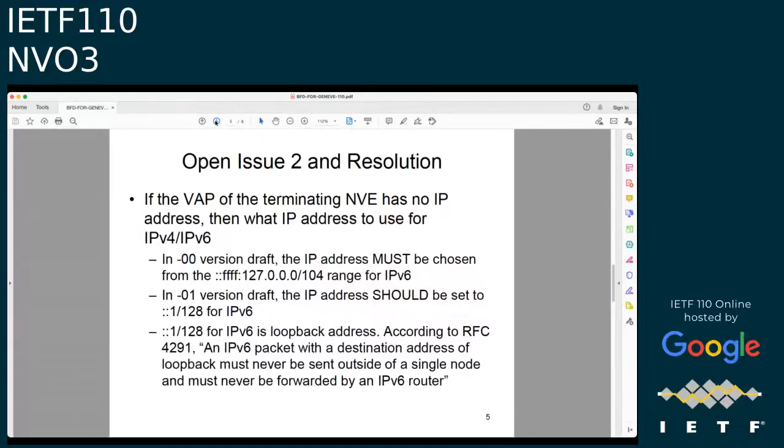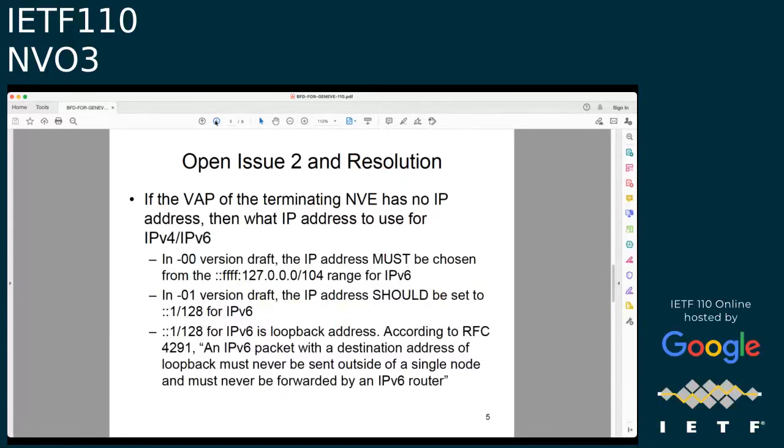According to RFC 4291, an IPv6 packet with a destination address of loopback must never be sent outside of a single node and must never be forwarded by an IPv6 router.